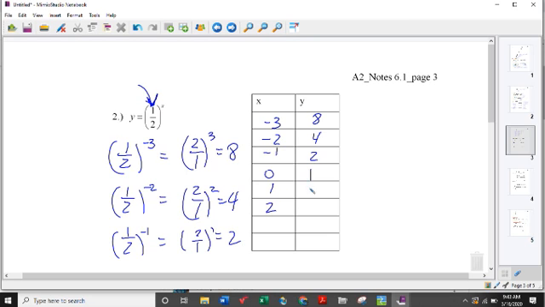This is still going to be 1. This will be 1/2. And 1/2 squared, that means square the 1 and square the 2, so I get 1/4.